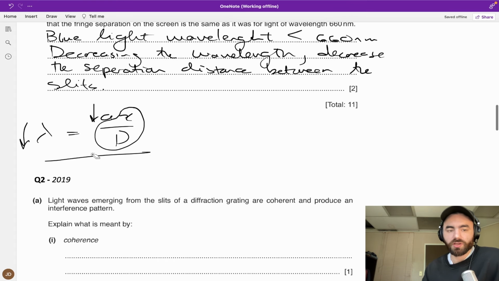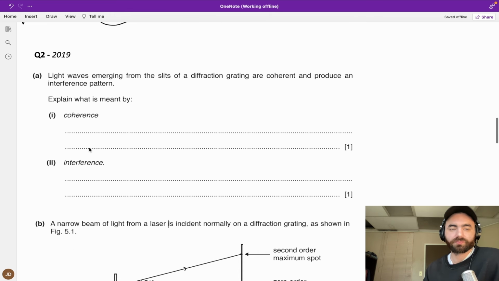Okay, so you look at the equation. If we're decreasing the wavelength, and we want to keep the fringe separation, and obviously the distance between the screen and the slits, the same, then we also have to decrease the slit separation to keep this thing constant.